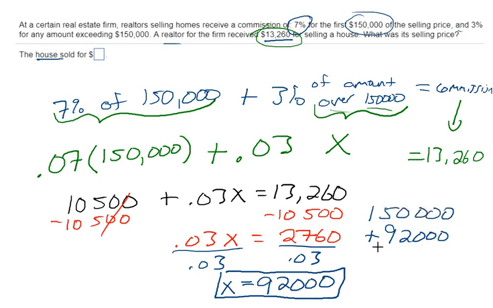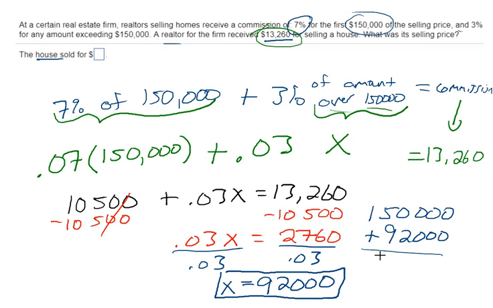That's sort of the cutoff where I stopped, right? So X was not representing that 150,000. X was only representing the amount over 150,000. So to get the final price of the house, I have to add that 150,000 back in since I was leaving it out in my representation of X, right? So X left out this 150,000. So now we have to add it back in to get the final selling price of the house.